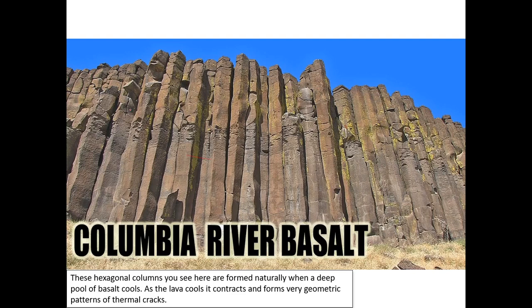So these amazing hexagonal columns that you see were not carved by anyone. These are naturally forming. When you have very deep basalts coming out of the earth, forming lakes of basalt, and I mean hundreds of feet deep, okay? This isn't the best picture of them. I'm going to show you a picture to give you an idea how deep these magma lakes were.